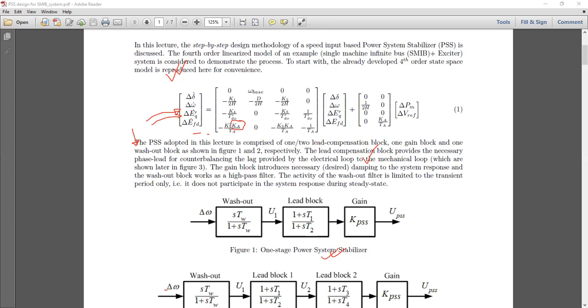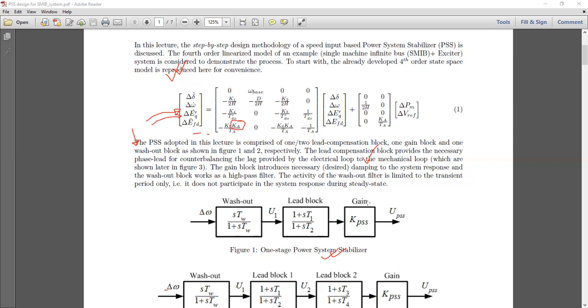So that means we saw in the last class that we had some eigenvalues with positive real parts, and that was giving some negative damping effect, eigenvalues with negative damping. So that's why we have to ensure that sufficient damping is introduced with the help of this power system stabilizer block, and that should be positive damping.